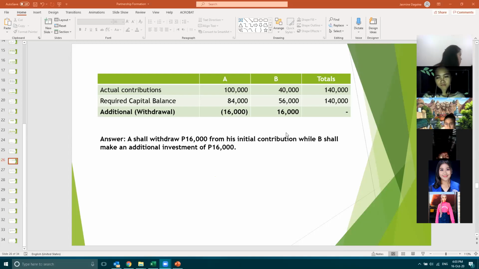Pwede kayo magbasa, mag-research para ma-expand, mag-practice pag may libro, may books kayo or may reviewers, mag-practice kayo ng problems, mag-solve kayo. Kasi ganun lang sa accounting. Practice hanggang ma-gets nyo yung concept. Kasi kung hindi nyo ma-gets yung concept, mahirap talaga mag-proceed. Concept is key. Practice is key.